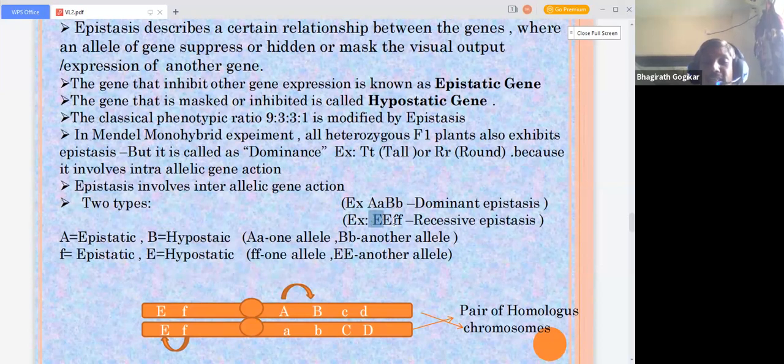In the second case, small f gene is epistatic, capital E is hypostatic. So a recessive gene masks the dominant gene character also, and a dominant gene masks another allelic dominant gene. So epistasis is divided into two types, dominant epistasis as well as recessive epistasis.